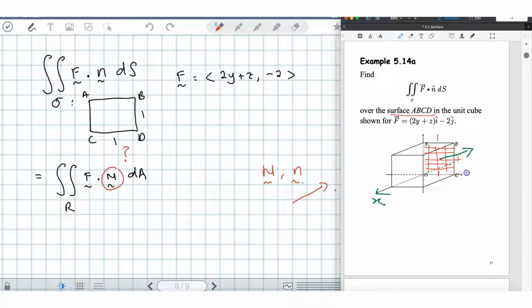This is Y and this is Z. Your n or unit normal vector should be in this direction, which is the opposite direction to the positive axis.